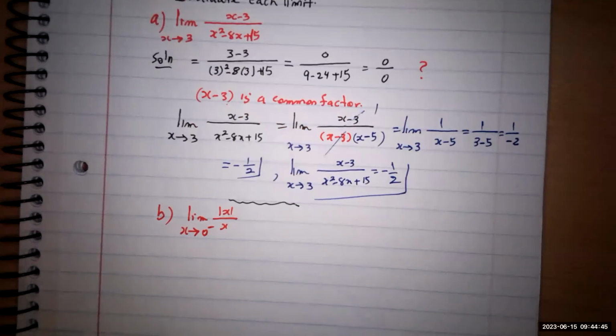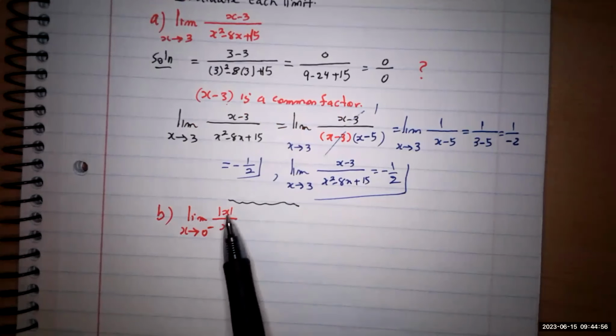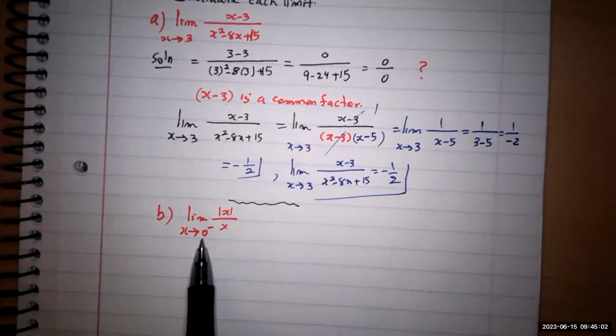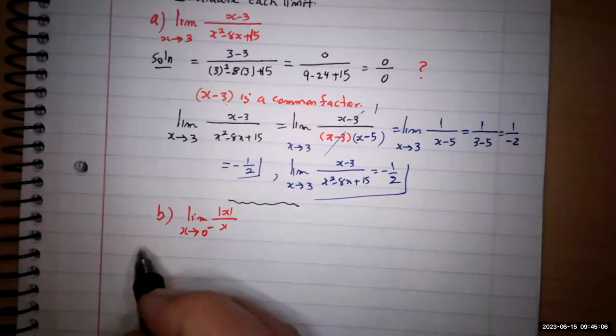Remember we talked about the absolute value: you have to take care of the absolute value first. You have to drop it, but you have to see what type of numbers you have inside. Is it positive or is it negative? We check this one: x goes to 0 negative.